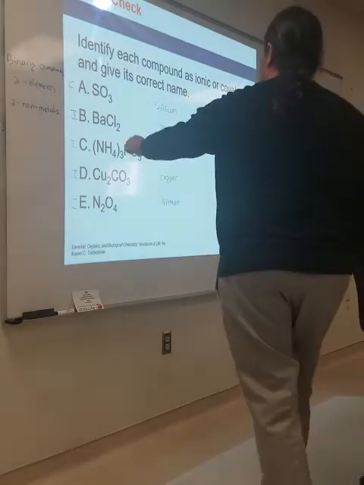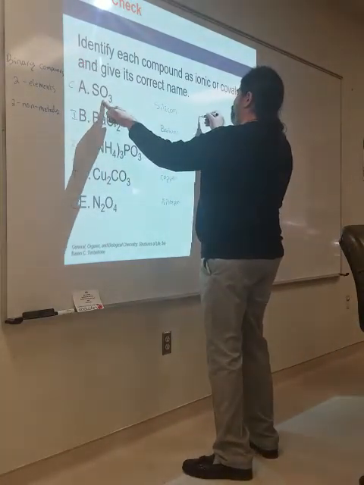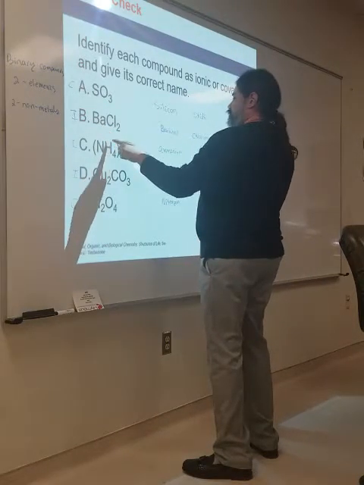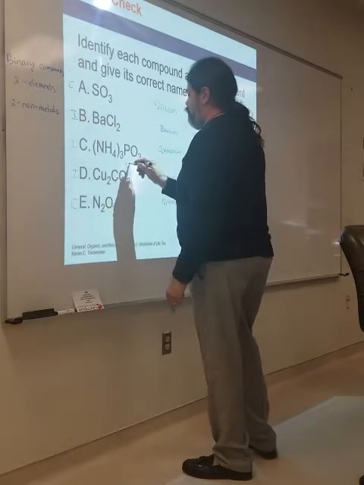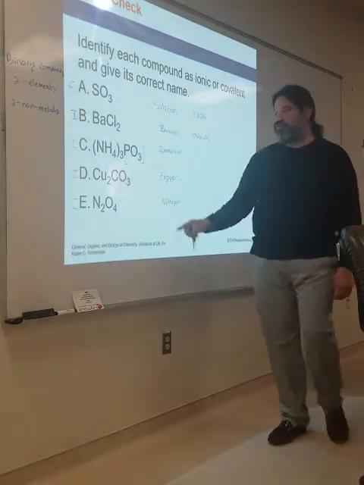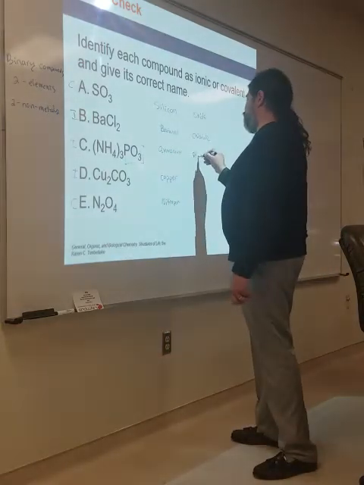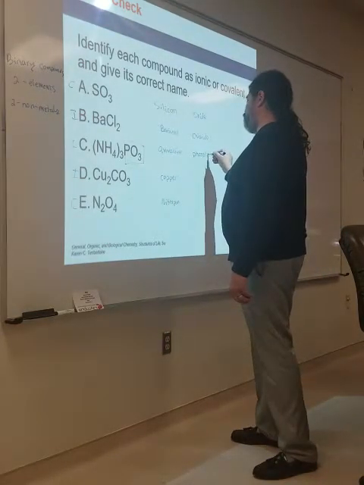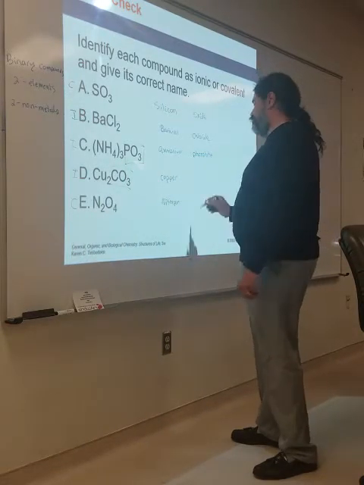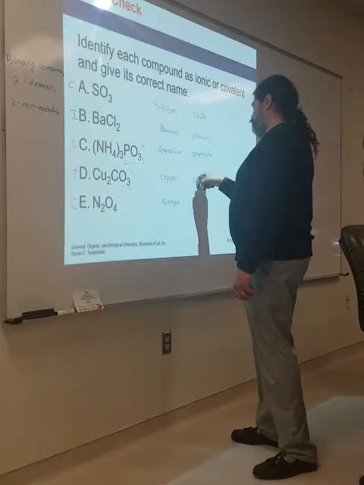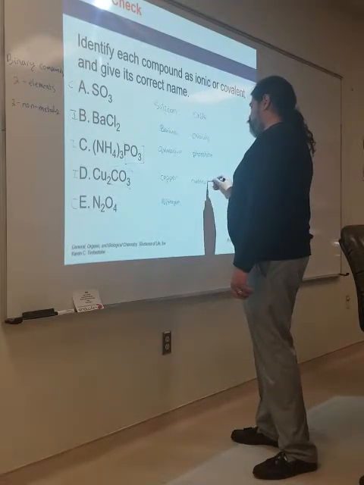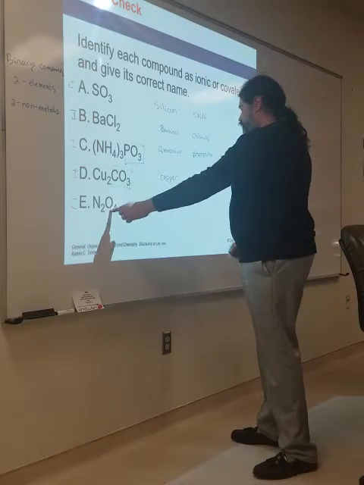If it's a non-metal, it ends in -ide. Silicon oxide, barium chloride. If it's a group, you look it up on your handout. After ammonium comes PO3, so you look up PO3 on your handout, and it's called phosphite. If you have a group, look it up on the handout. Oxygen becomes oxide.